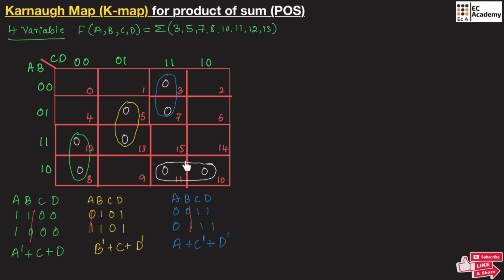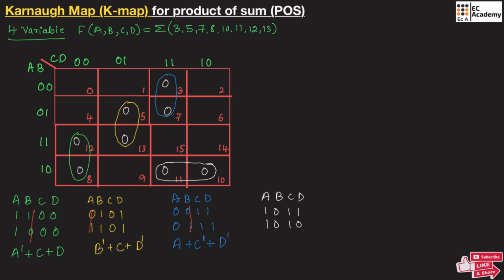Let us take the last group which is represented by white color. For this 0, we can write 1 0 1 1 and for this 0, we can write 1 0 1 0. So for A, B, C and D we have 1 0 1 1 and 1 0 1 0. If you observe here, D is having different values.